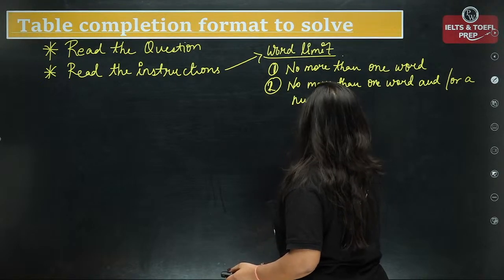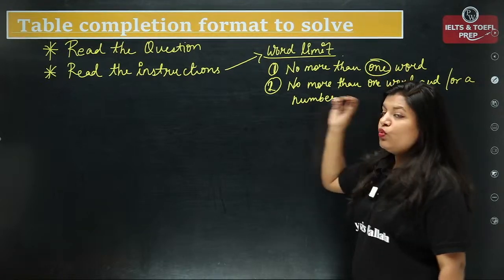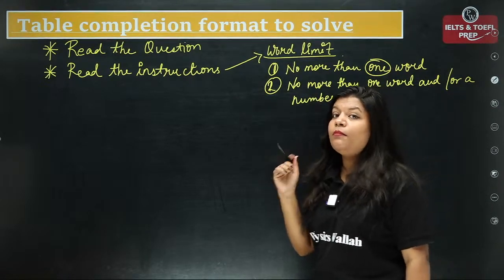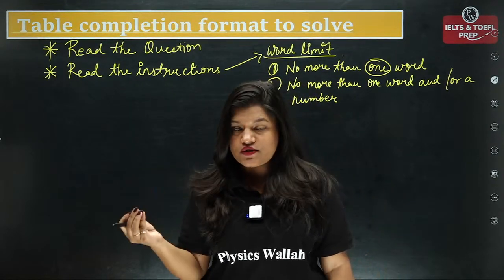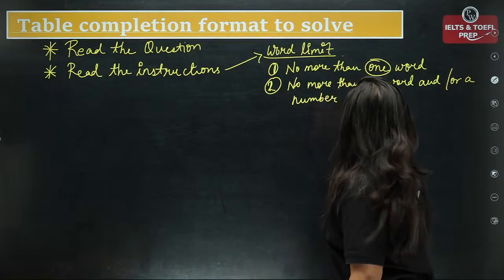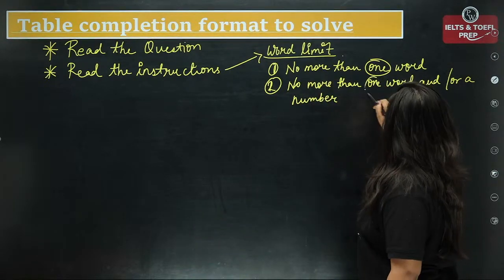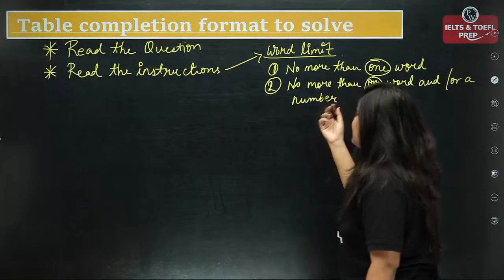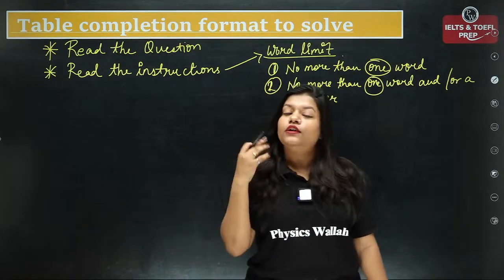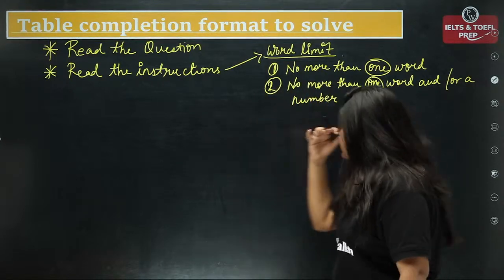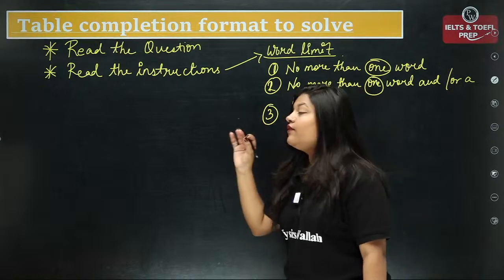It can be one word, two words, or three words at max. Majorly you will encounter instructions asking you to come up with one word, two words, maybe three words at max. Eventually it can be no more than one word and or a number, no more than two words and or a number. I'm giving you all the scenarios so that you are aware of all of them.